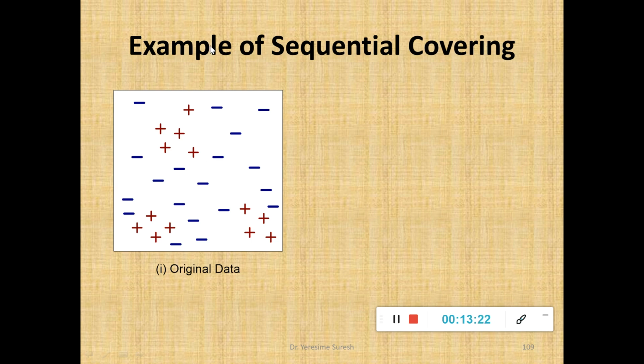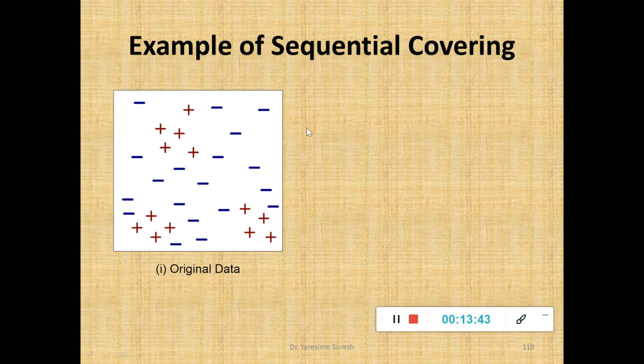The same thing is your sequential covering algorithm with respect to learn one rule function. A function that covers more number of positive instances and 0 or few negative instances. So if that is the concept, then I'll group them as one group and I'll make it as rule R1.